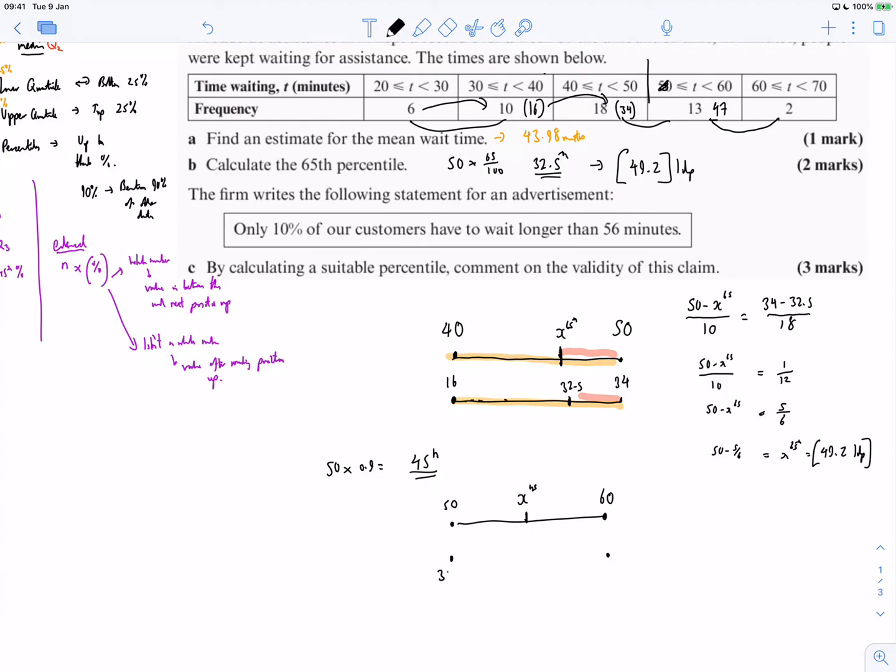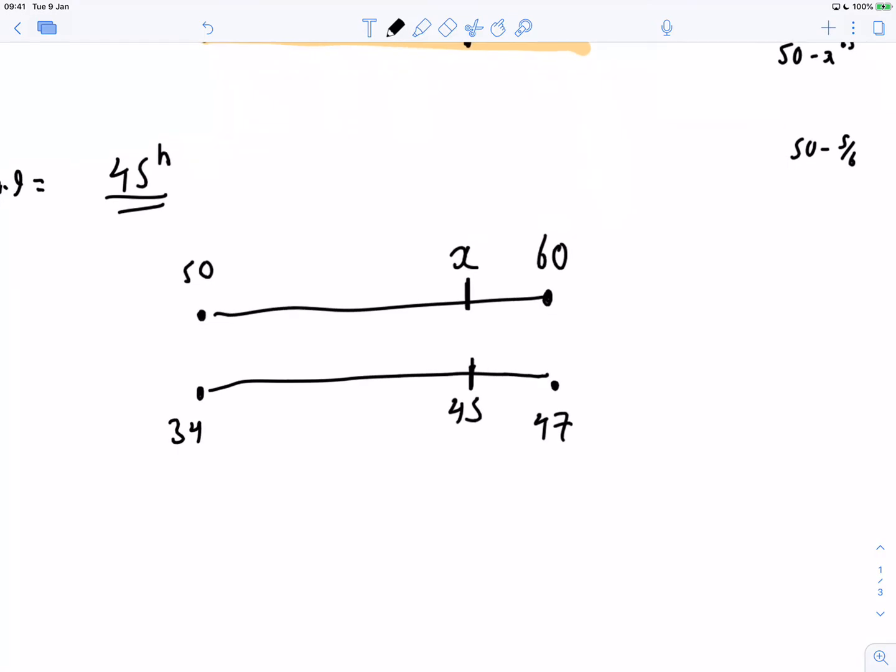So the numbers go from 34 up to 47 because it's 13 wide. And the 45th one actually is up here. So if I get it in scale, this x should be up to here. Okay, same deal again. This ratio must be the same as this one.